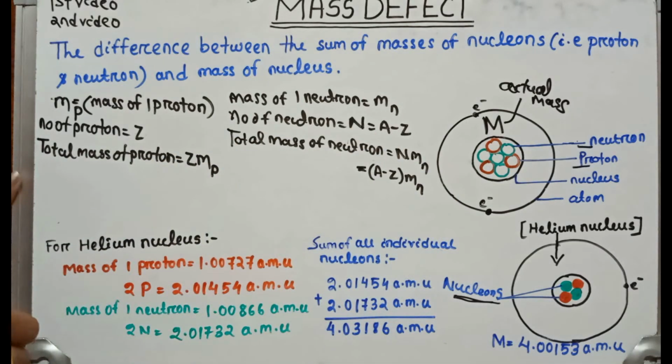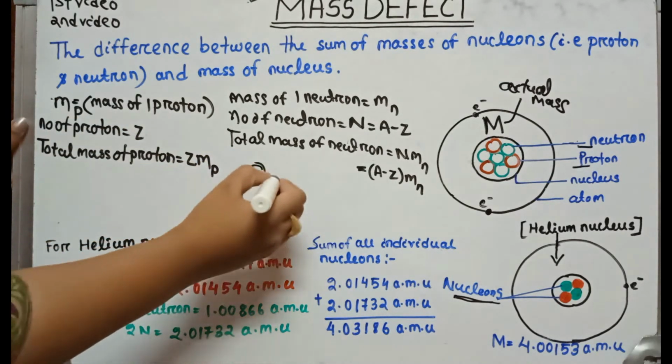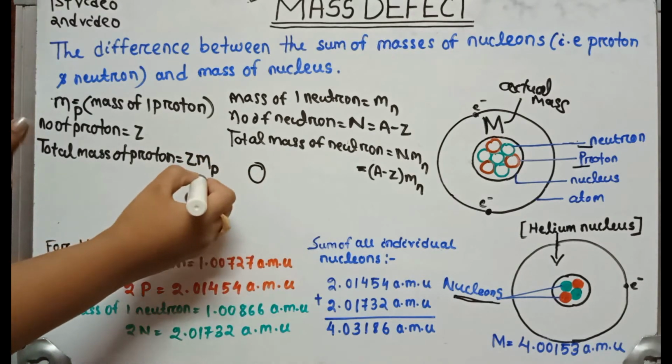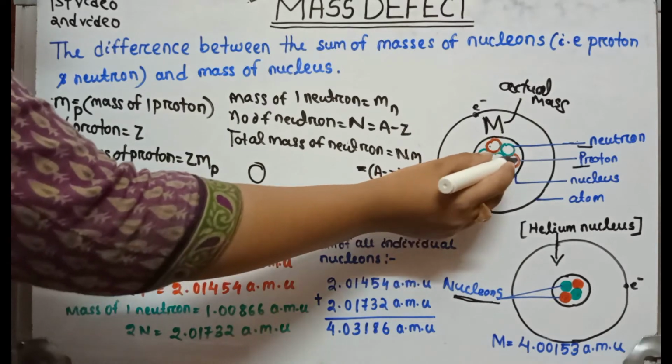Yes, students. So what happened here? Actually, if we take the mass of an individual proton, see here, three protons are present, 1, 2, 3.